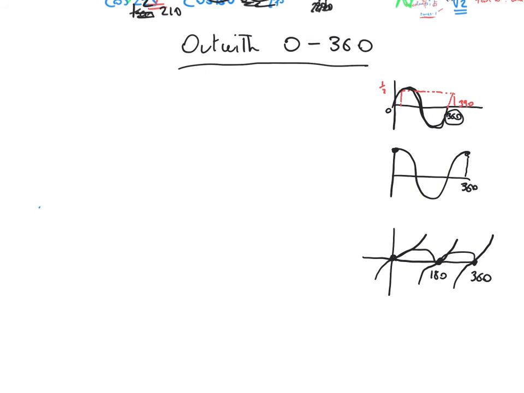Let's say then that I was to ask you to find sine 570. The first thing that we need to do is try and get into this interval between 0 and 360. Since sine repeats itself after 360 degrees, sine 570 is the same as sine of 570 take away 360, so that would be the same as sine 210.